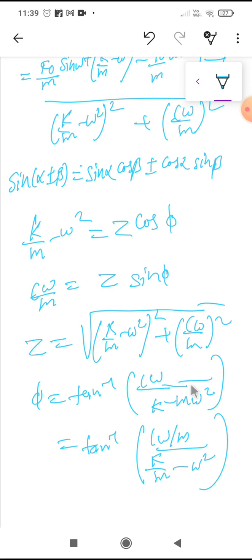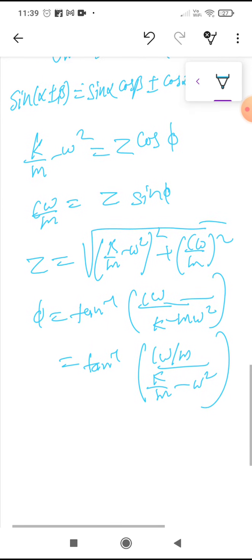So here m gets cancelled, or you can write it in a similar fashion. If you take the LCM, you will get this. So this is the value of z and phi.